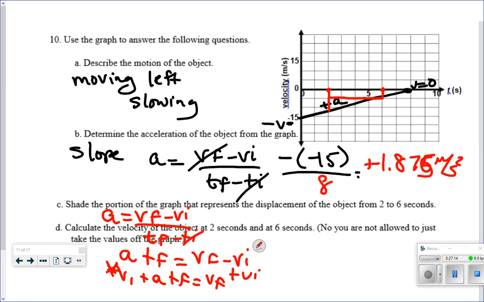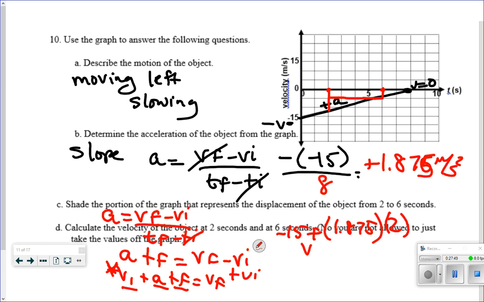So when I consider this graph, I want to take my initial velocity, which is going to be -15. I'm going to plug in that acceleration, and I'm going to take my final time. And if I take care of that algebraic equation, I should end up with a VF. So when I consider my first one, -15 plus 1.875 is my acceleration. 2 seconds is the time elapsed, right?